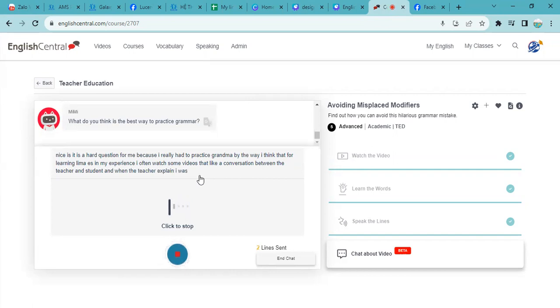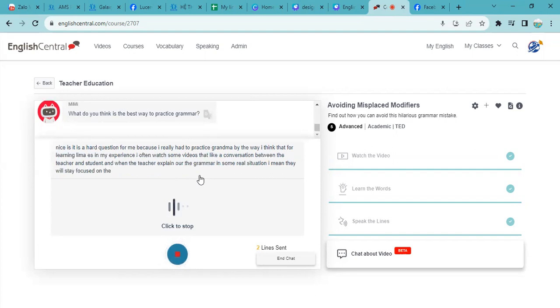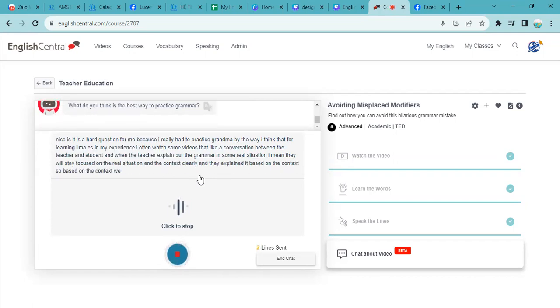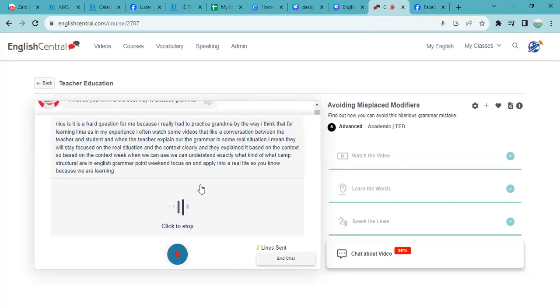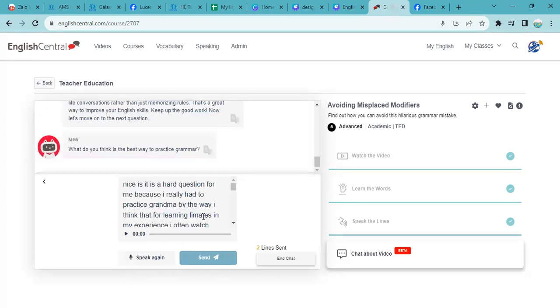They stay focused on the real situation and the context, and they explain it based on the context. So based on the context, we can understand exactly what kind of English grammar point we can focus on and apply into real life. Because we are learning grammar to make our English more precise and correct, right? So just try to do it.